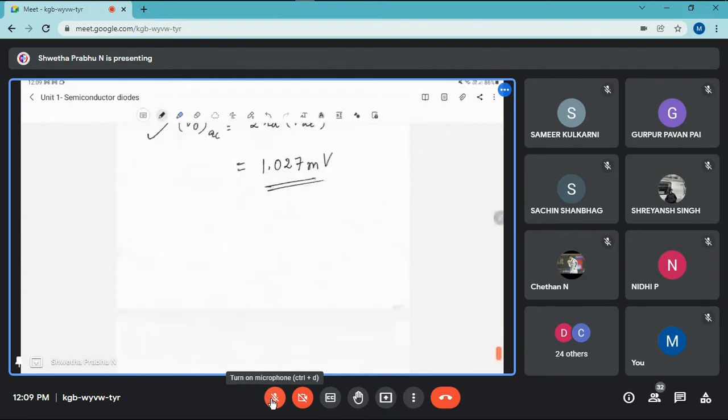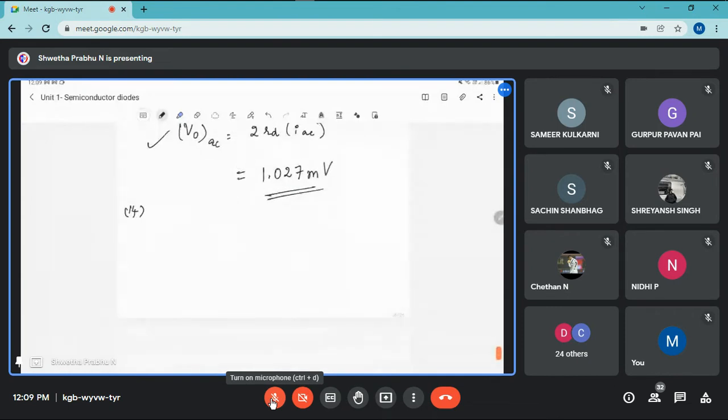14th question. Make a note of the circuit.